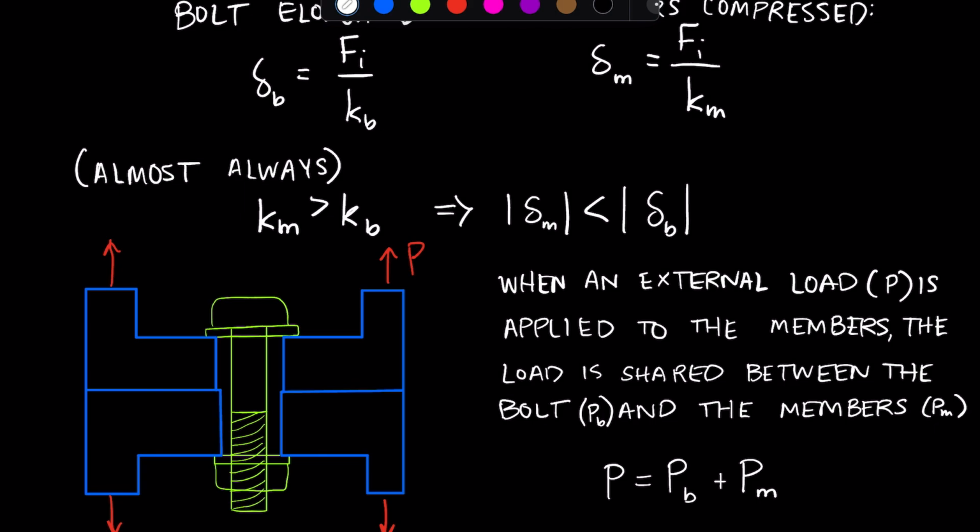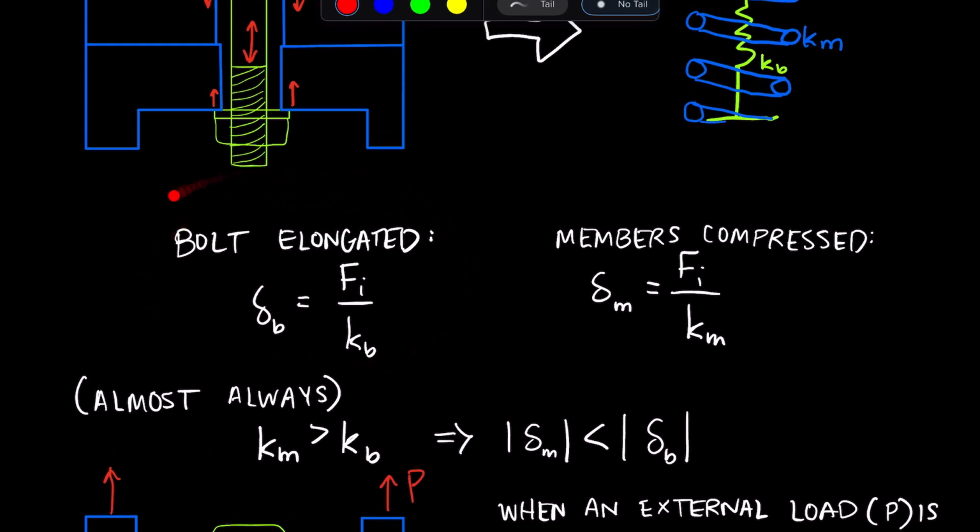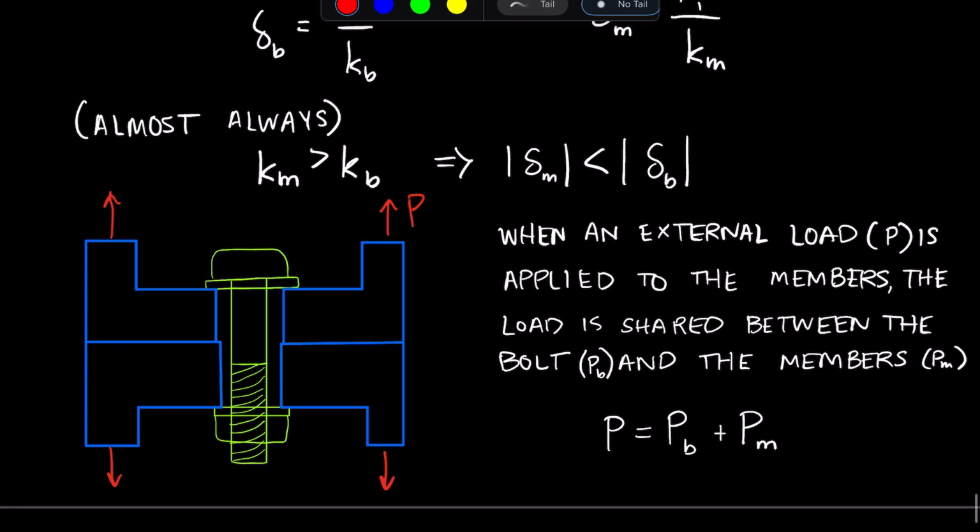So when we were applying the preload, we elongated the bolt by a larger amount than we compressed the members. And that's because the way we're applying preload is that we are turning the nut on the bolt. But now we're applying an external load, so we're pulling apart the members, and the amount that those members get pulled apart is going to be the same amount that they pull apart the bolt.